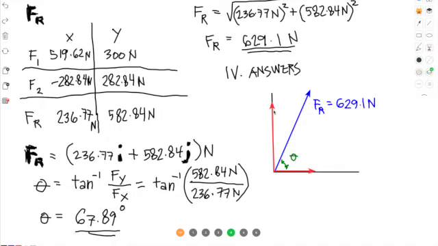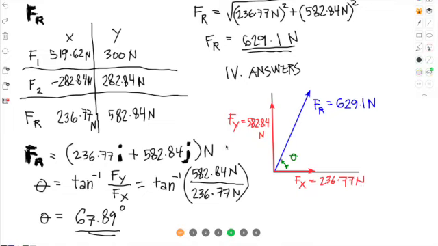Since this is your Fy, its opposite, that's 582.84, and your Fx is 236.77 newtons.